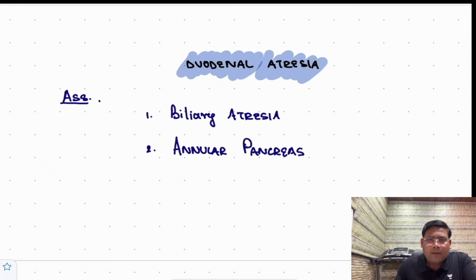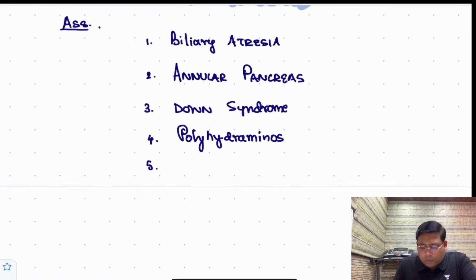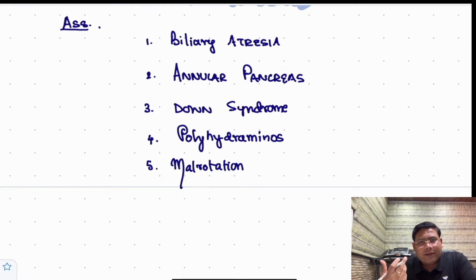Then you must have heard of Down syndrome. It could be a feature of Down syndrome. Very good. Then it could be associated with polyhydramnios. Then one more thing is, students, it could be associated with malrotation. So these are the classical associations. Preterm baby, you have this, but it is not always preterm. It's not a risk factor. So yes, biliary atresia, annular pancreas, Down syndrome.